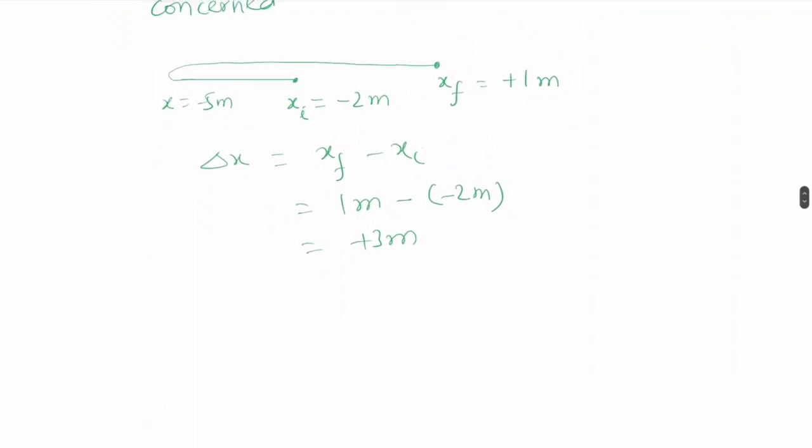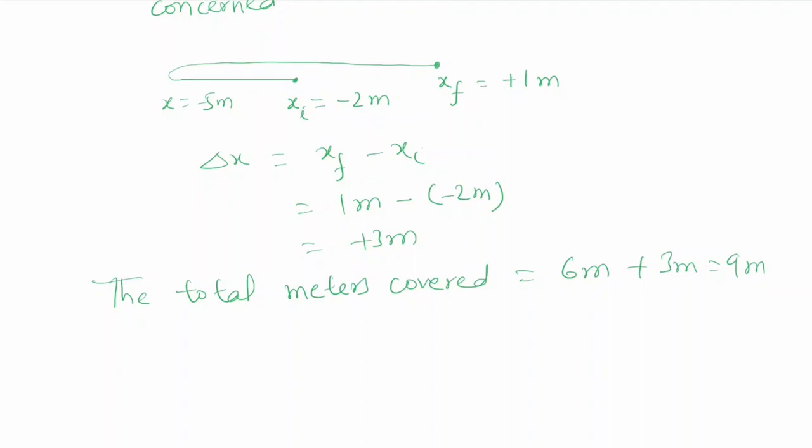But the actual distance covered is, let us see, in moving from minus 2 meter to minus 5 meter, the particle has covered a distance of 3 meters, and from minus 5 meter to plus 1 meter, the object has covered a distance of 6 meters. So the total meters covered is equal to 6 meter plus 3 meter is equal to 9 meter.